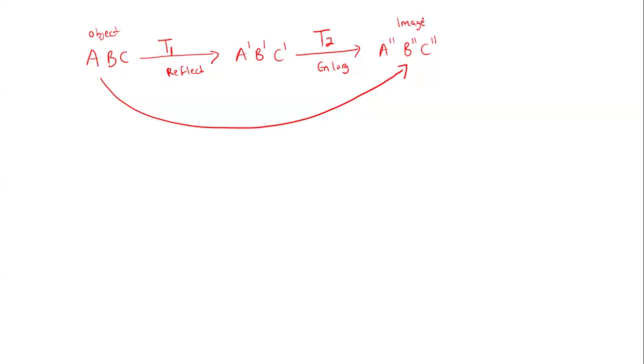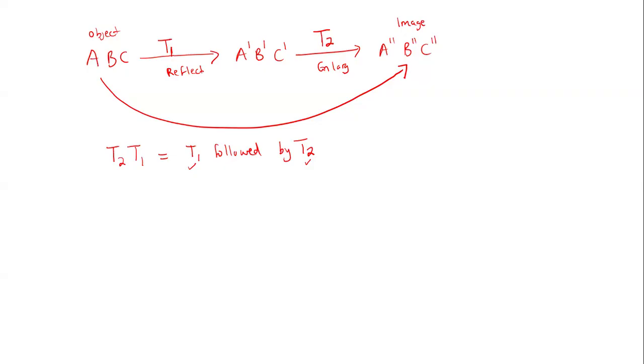That matrix that can move you from object to the image directly is given by T2 times T1. When we are dealing with matrix transformation, we read this as T1 followed by T2. It means that T1 was the first matrix that was applied, and then after, T2 was applied. Please take note. Do not multiply T1 and T2 directly.